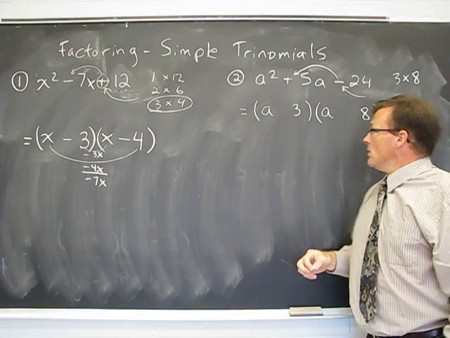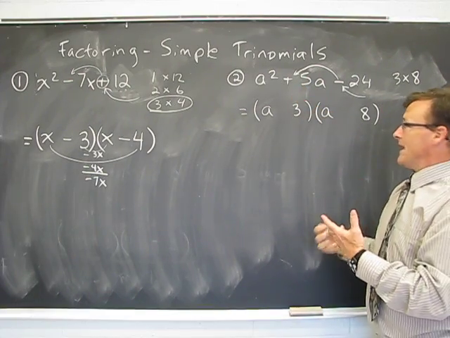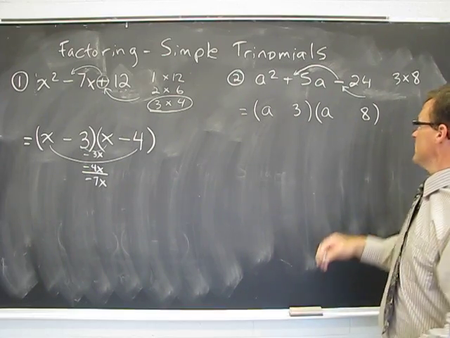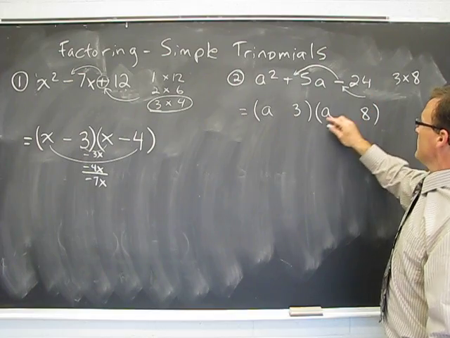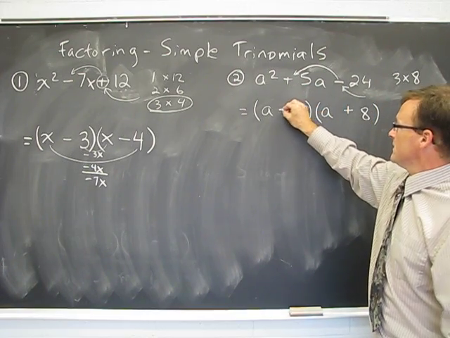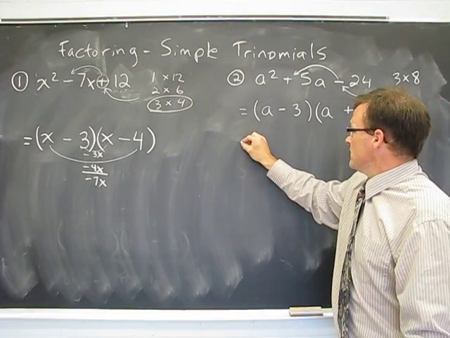When we add them together, the bigger one takes the sign. You have to remember your integer rules for this. So 8 gets the positive, 3 must get the negative. And you can FOIL this out to make sure that it does give you the right answer.